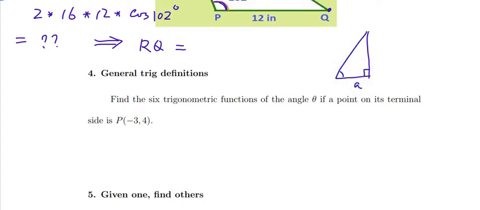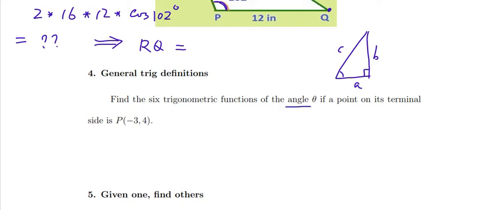This ratio b over c is the sine of this angle, a over c is the cosine, and b over a is the tangent of this angle. But now we want to generalize this definition to a general angle.